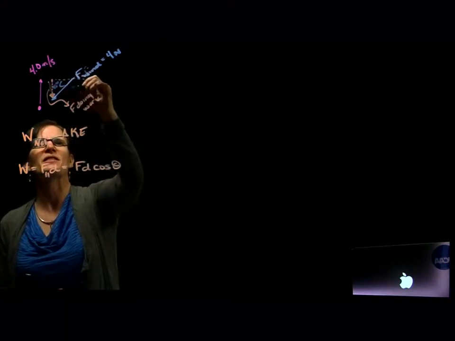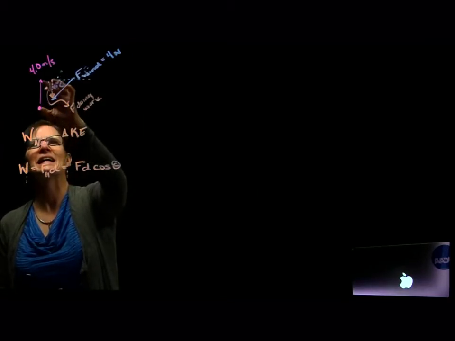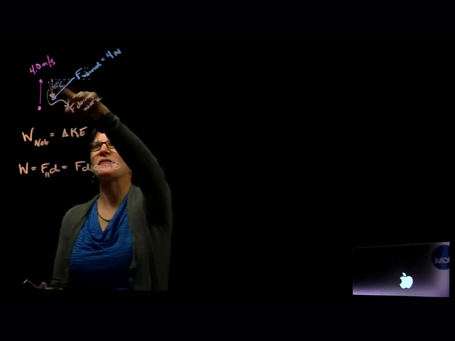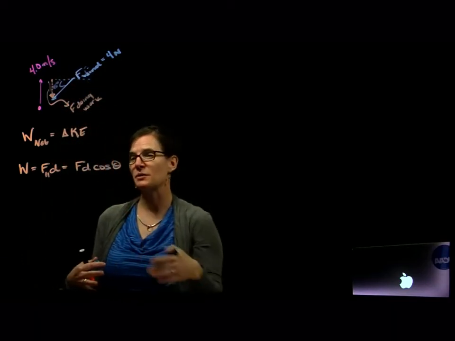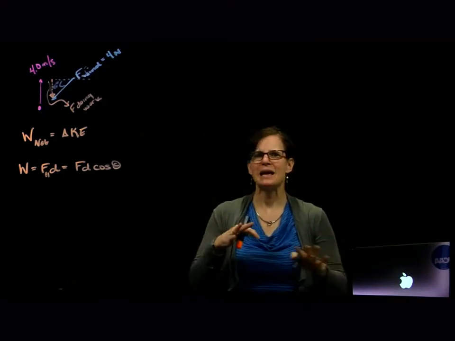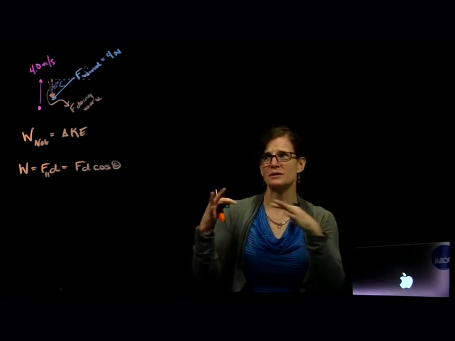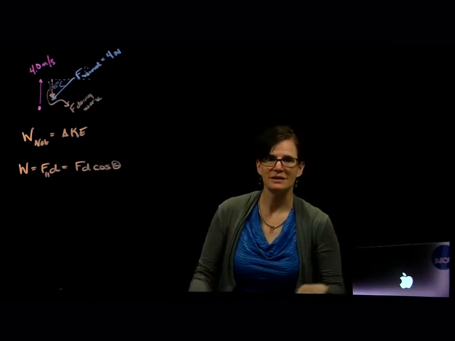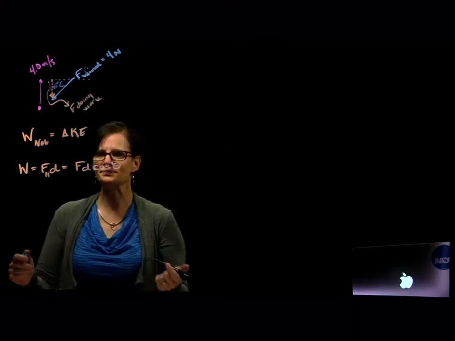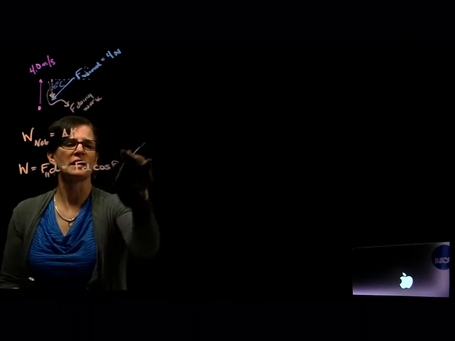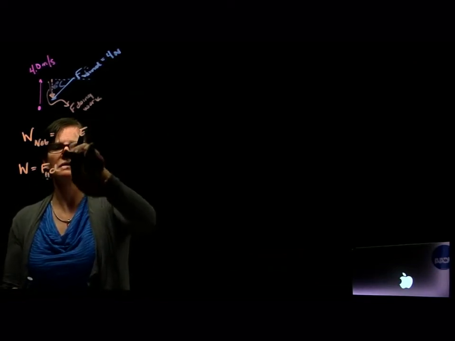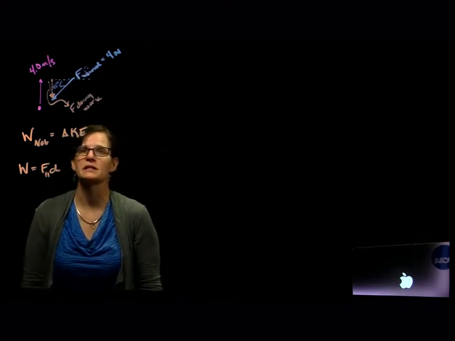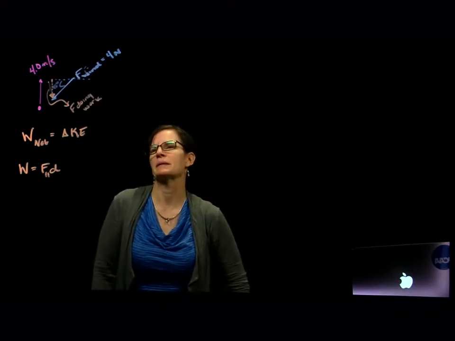It's between the force and the displacement, so it is also 45 degrees, but we want to keep in mind that this component is the sine. The force equation typically uses the cosine, but again, there are multiple ways to do this. You can use that interior angle and make sure you're looking at the right component, or you can use the angle that we've done before. Because I've chosen to use the interior angle idea, we're going to keep this just as the component of the force in the dimension of the displacement.